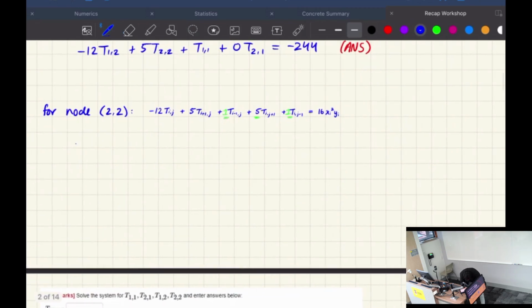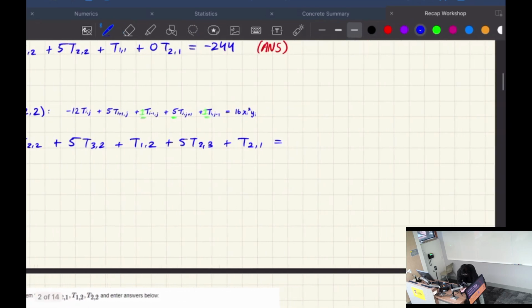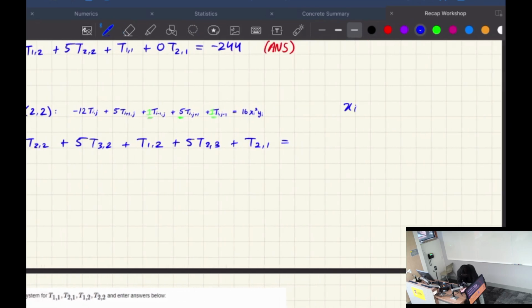So for node (2,2), minus 12 T(2,2) plus 5 T(3,2) plus T of (1,2) plus 5 T of (2,3) plus T of (2,1). What's x2 and y2?